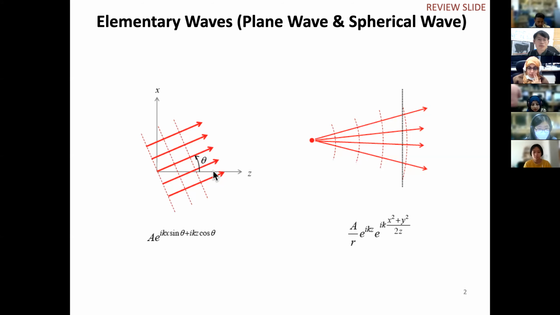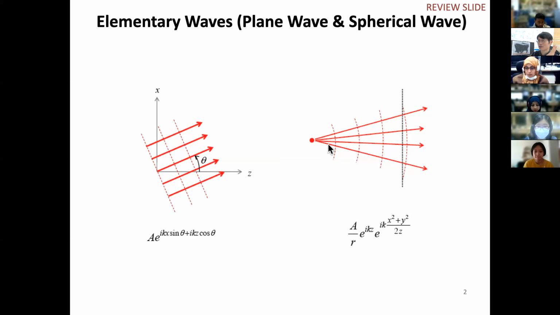So while we remember that this is a plane wave, what about a point light source that will be propagating throughout the space, which we consider as a spherical wave? That's from the Helmholtz equation. The solution is a little similar but different in terms of A divided by R, and also by the distance of z.